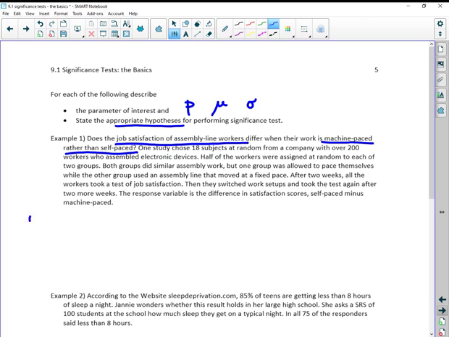So that means for the individual, it is going to be the machine-paced minus the self-paced. So that means we are looking at a difference for the individuals. We're doing a matched pairs design for this experiment.